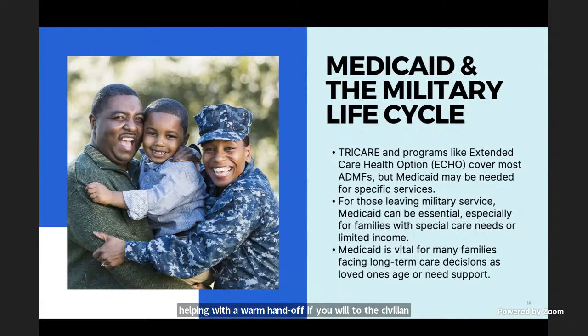Medicaid is also vital for many families facing long-term care decisions as loved ones age or need support.